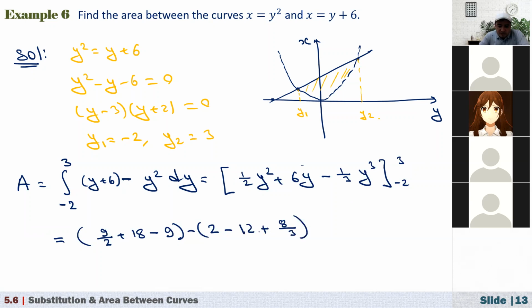Simplifying the whole numbers, 18 minus 9 is 9, and minus 10 plus 10, so here we have 19, plus 9 over 2 minus 8 over 3, which is 19 plus 27 over 6 minus 16 over 6, that is 11 over 6. So the area is 20 and 5 over 6.